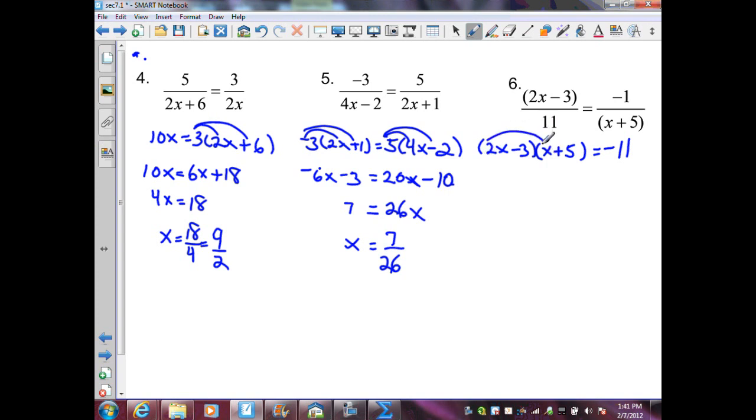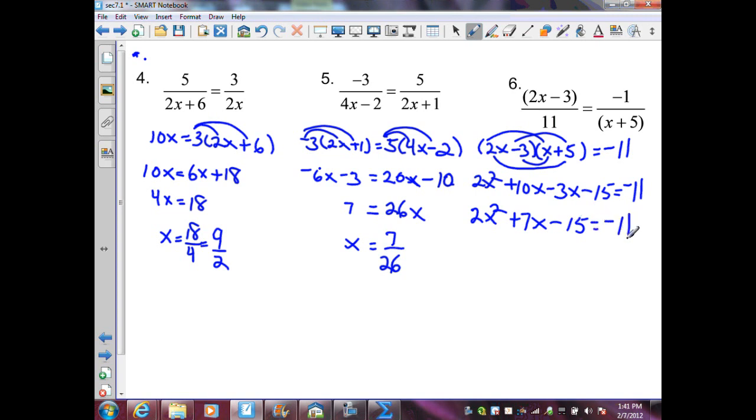When I do, that gives me a 2x squared plus 10x minus 3x minus 15. And that equals a negative 11. Let's simplify the left side. That gives me 2x squared plus 7x minus 15 equals a negative 11.